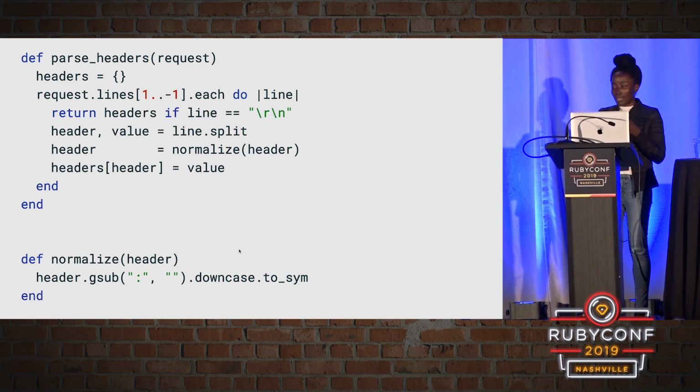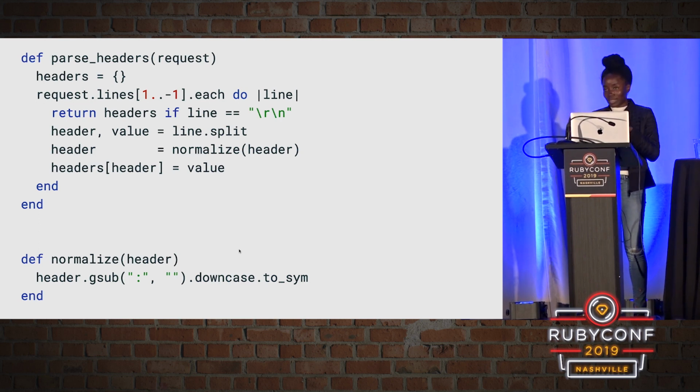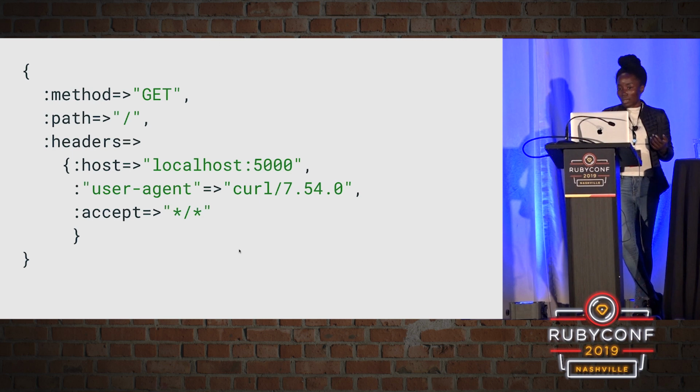At the end of this, when you run all of this code, we should have a parsed request that our server understands. So our server knows what is what based on the request it gets. When you run that, you should get this, which is a hash that has been parsed.